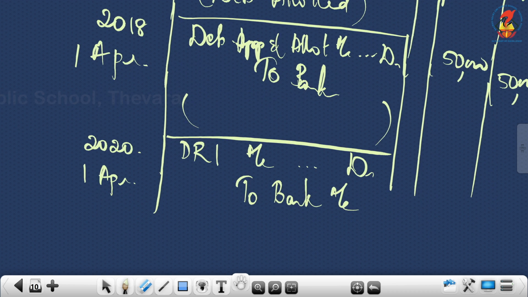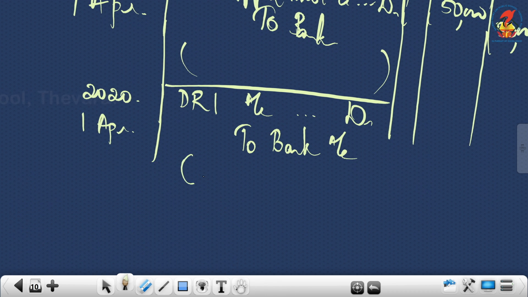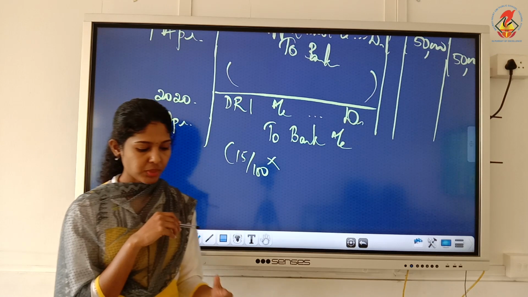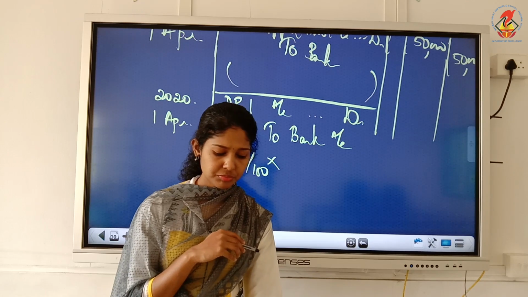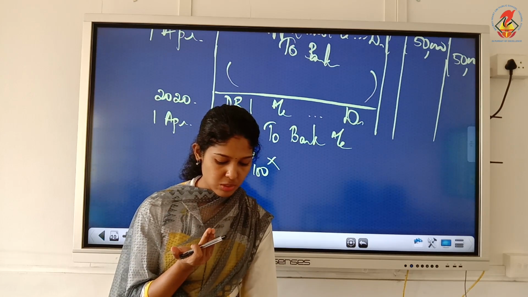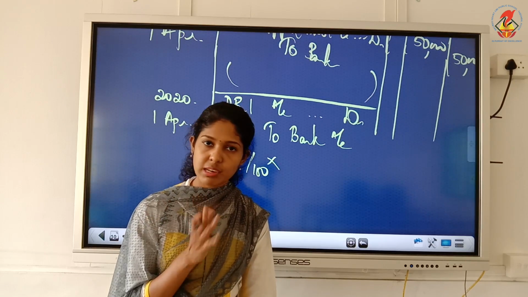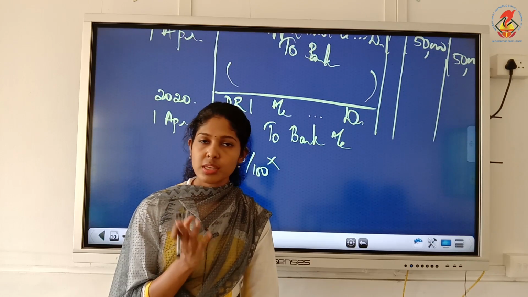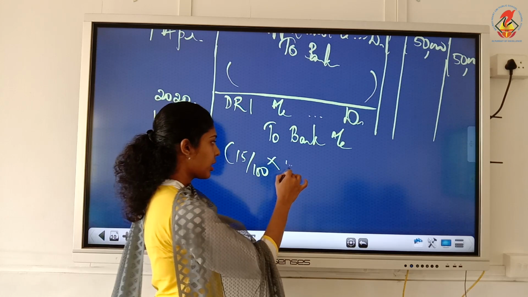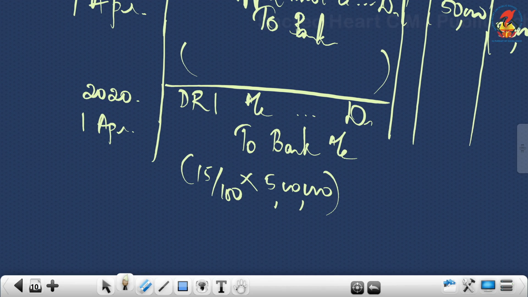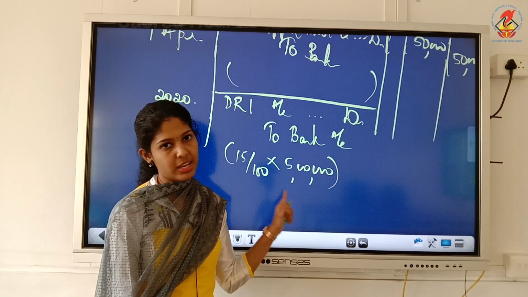What is the rule? 15% of the total face value of debentures to be redeemed this year. Here we are redeeming altogether 50,000 into 10, 5 lakhs. It is redeemed together, it is the lump sum method, not installments. So the entire 5 lakhs we will consider, it is the total face value of outstanding debentures, and the face value is 5 lakhs.